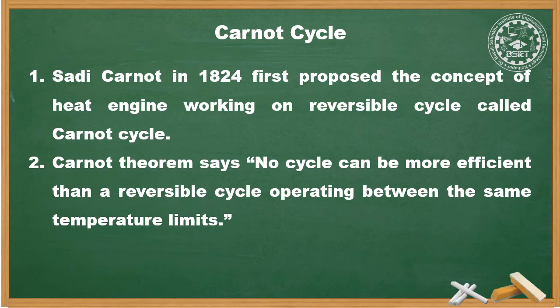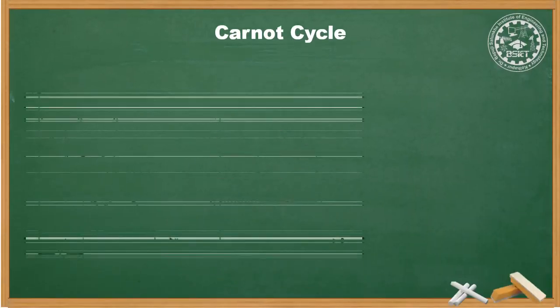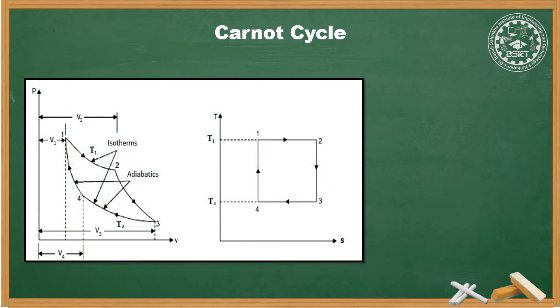There are two reversible isothermal processes and two reversible adiabatic processes, which we are going to see. The figure below shows the PV and TS diagram of the Carnot cycle.